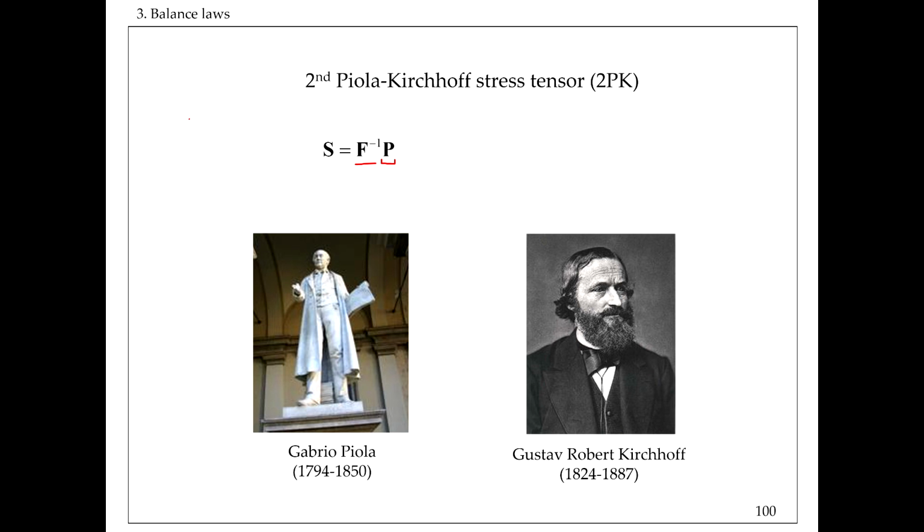So P is still equal to J sigma F minus transpose, and we can substitute that here. J is the only scalar, so we can move it around without changing any order here.